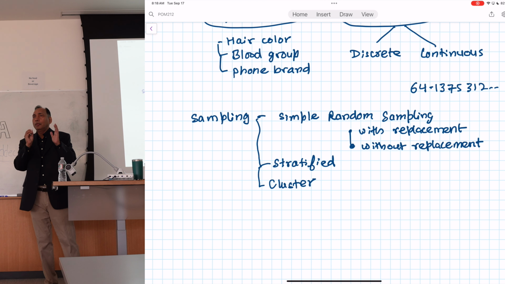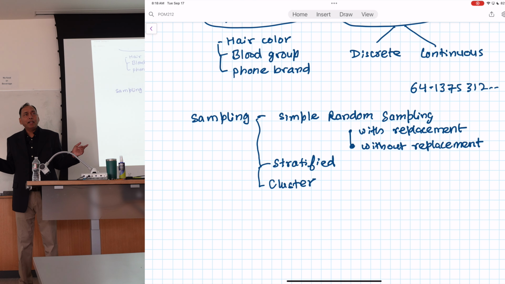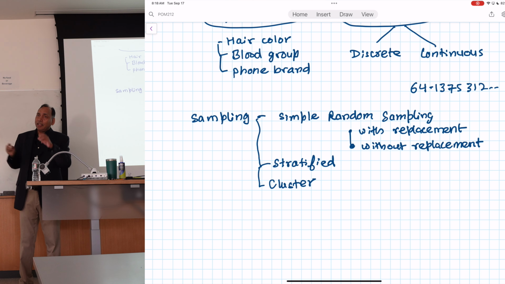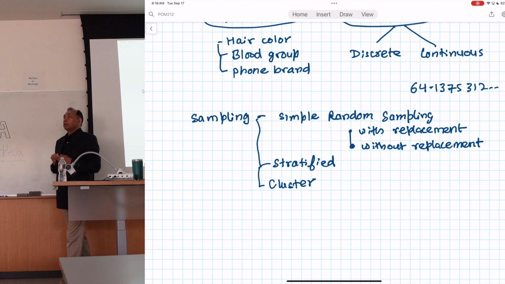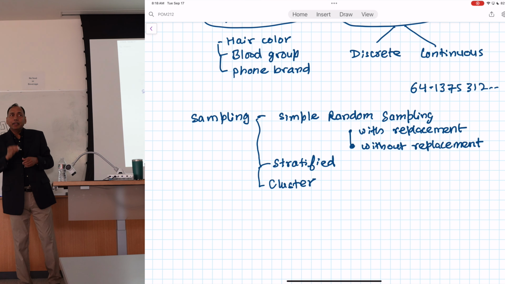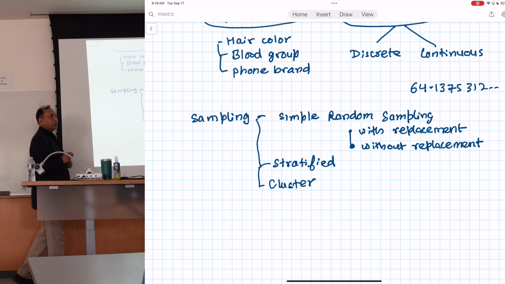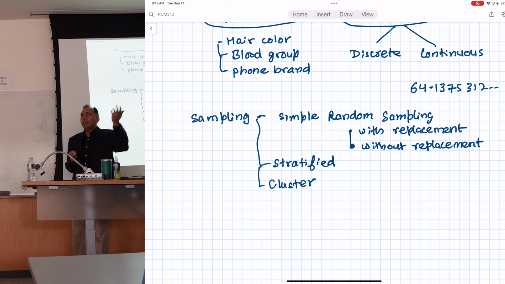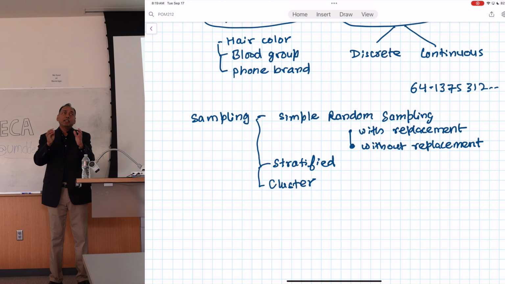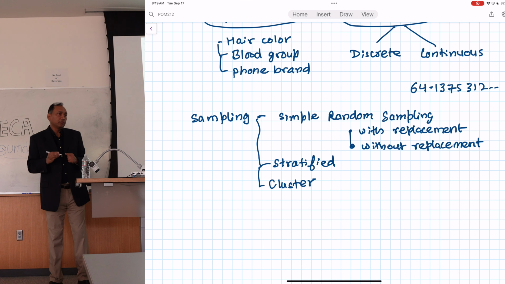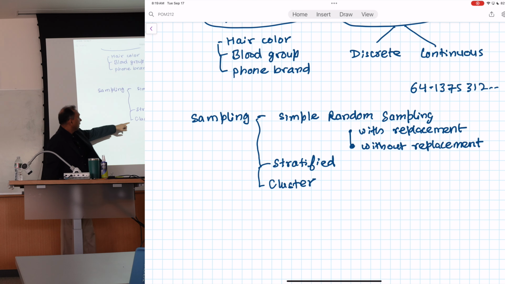If you select 3 sections, then you get data on each and every student. In stratified sampling, you are still taking a sample within the strata, but in cluster, you get data on each and every point within each group. So you select 3 sections for the sample, but then within those 3 sections, you collect all the data. That's one difference between the two.